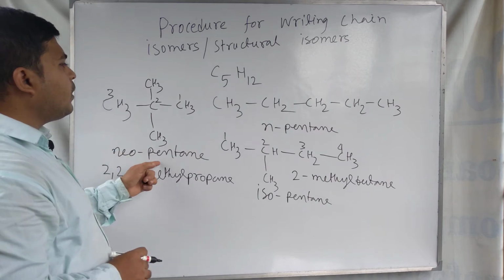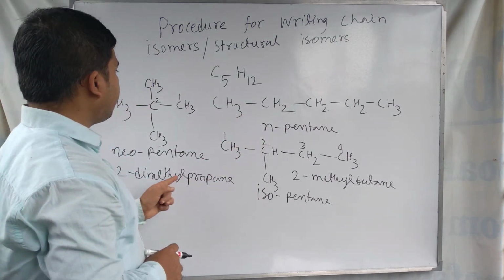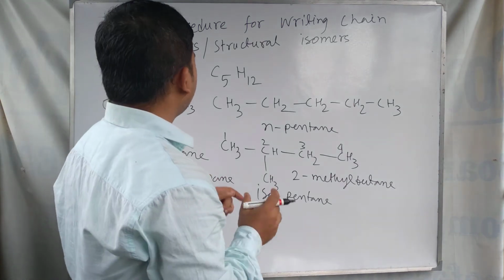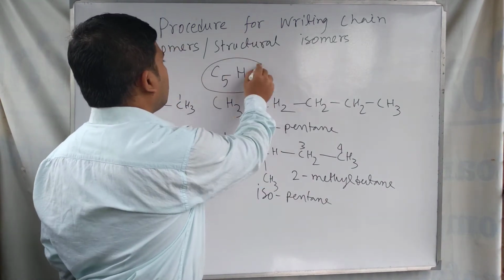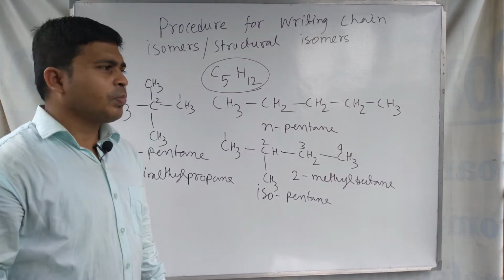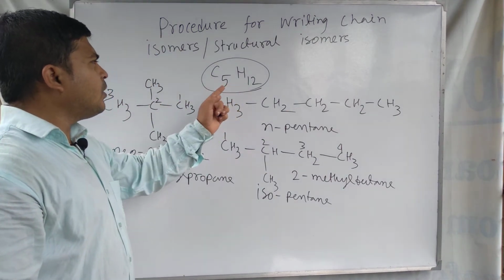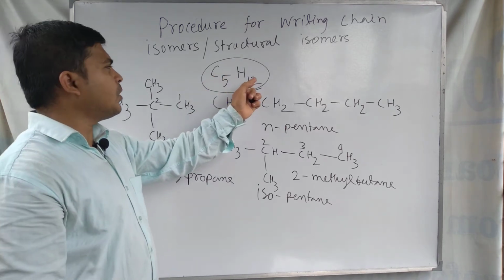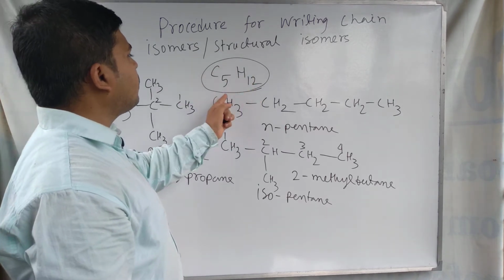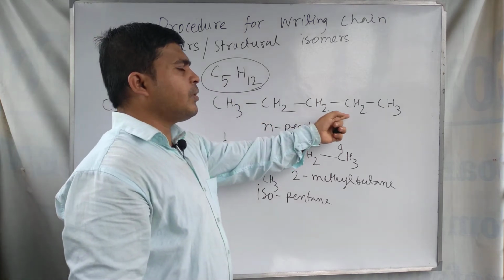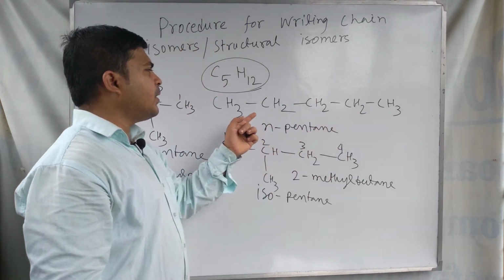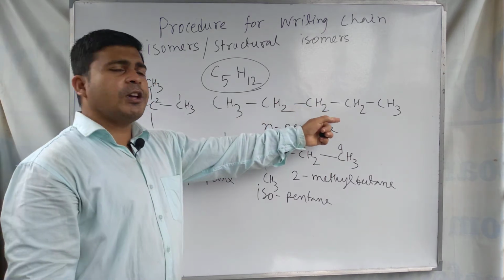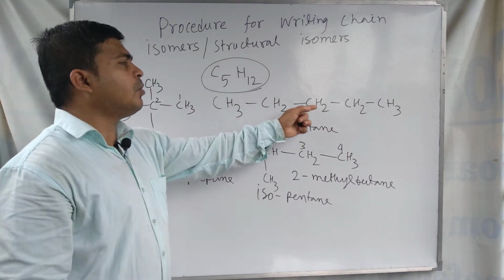So n-pentane, isopentane and neopentane, these three are the structural isomers or chain isomers of the molecular formula C5H12. At first, using the molecular formula given to you, you make the simple chain and complete the residual valencies with hydrogen.